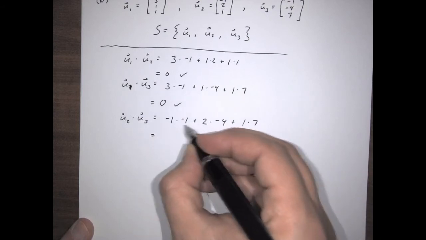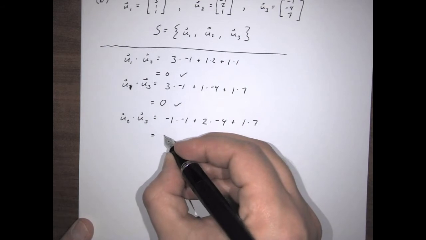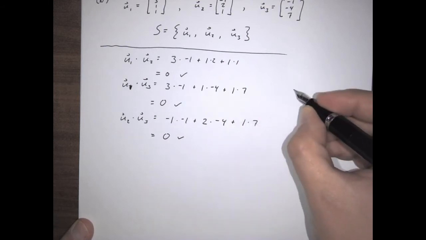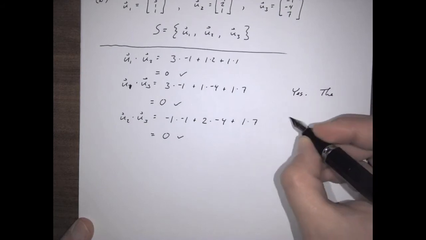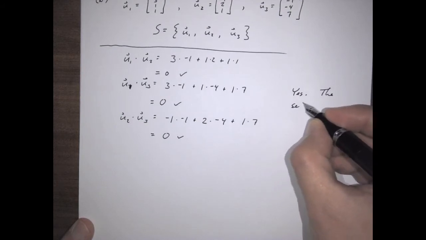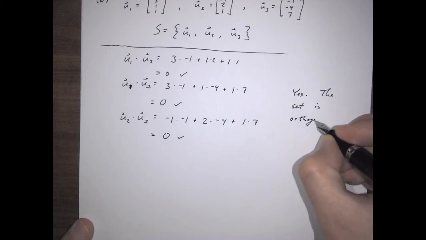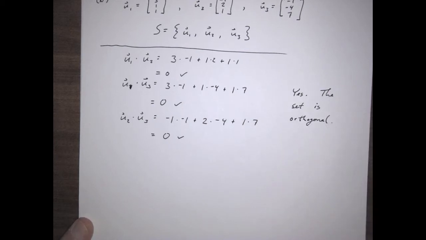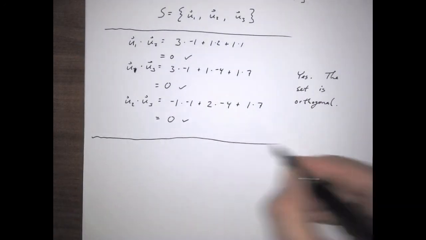What we've got here is 1 minus 8, so it makes -7, plus 7 equals 0. Check. See the answer? Yes, the set is orthogonal.